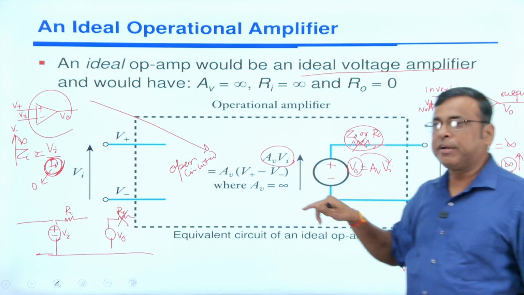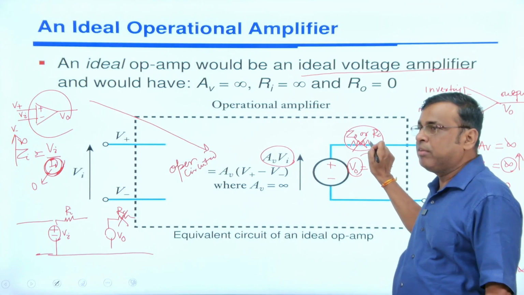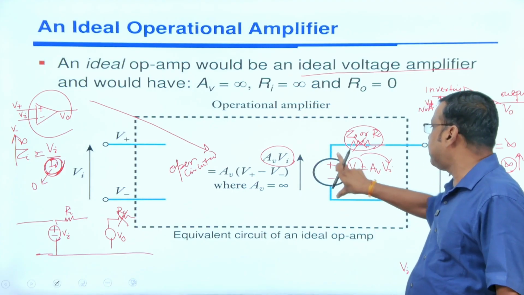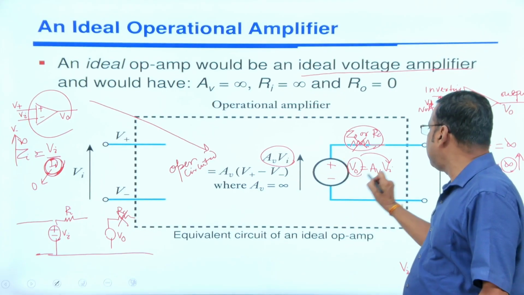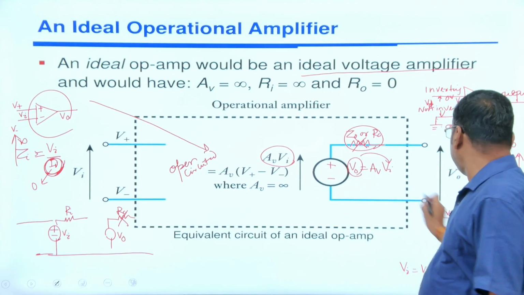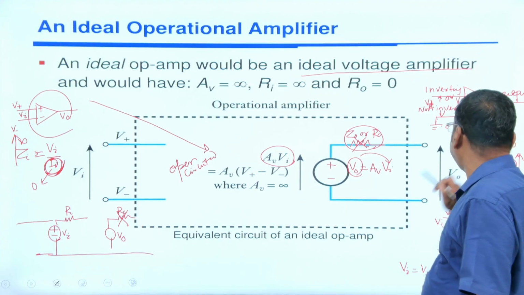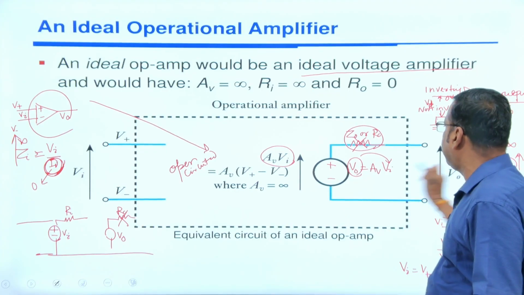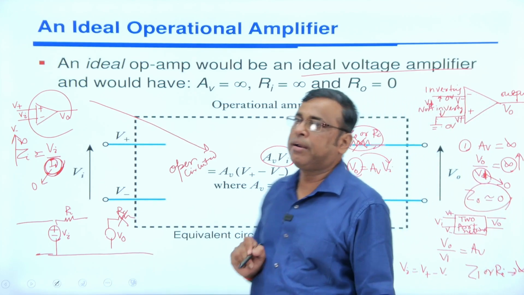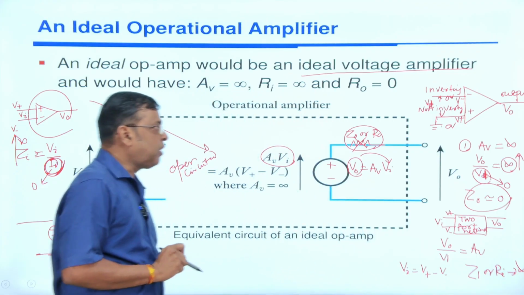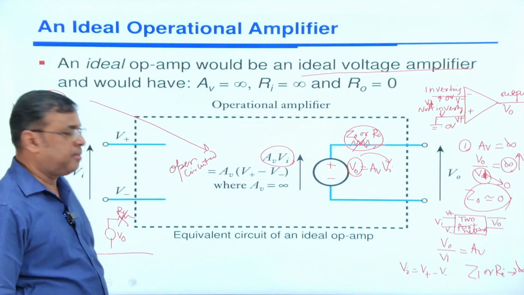Due to output impedance 0, the Z0 or R0 is absent here, and you must represent a voltage source. This is a voltage dependent voltage source: V0 equal to AV into VI, so gain AV equal to V0 by VI. This is all about the equivalent circuit of the operational amplifier.